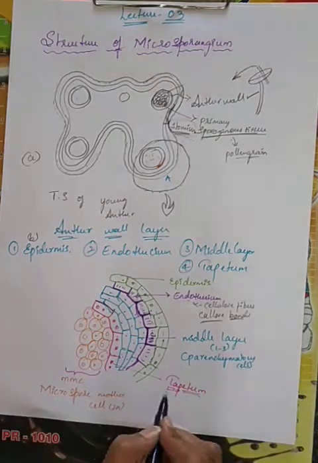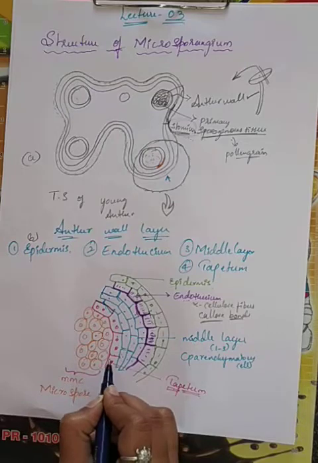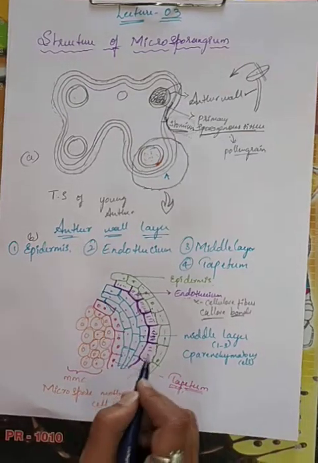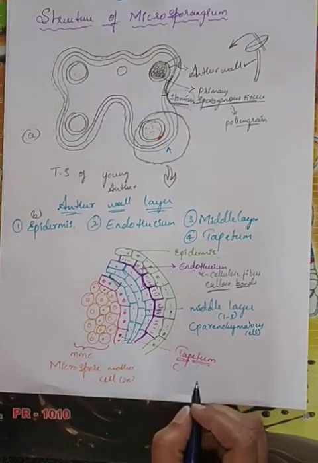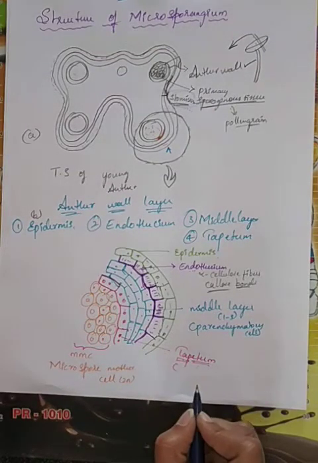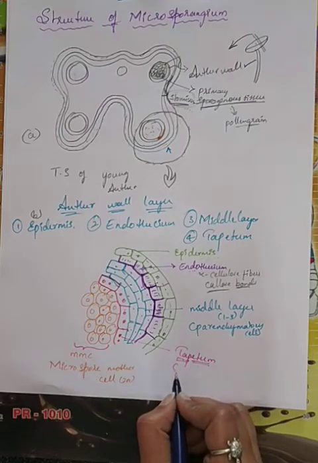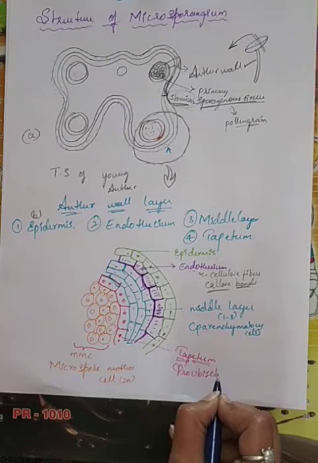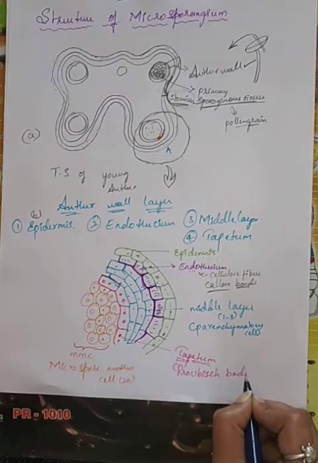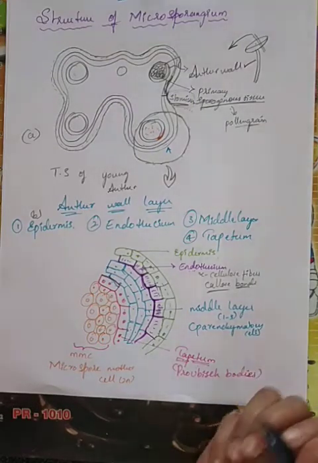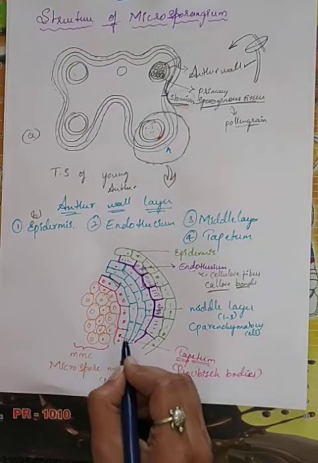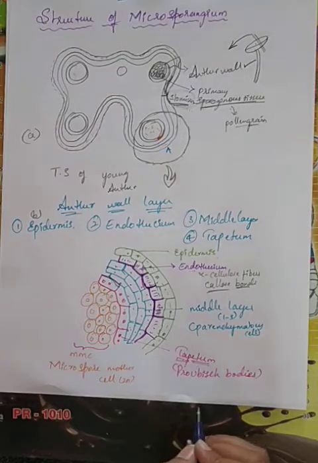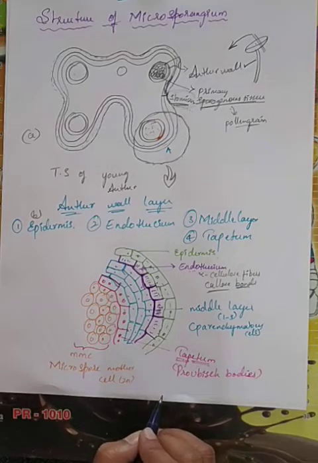Means if I say this is the tapetum, when it is going to disappear, it will be storing specialized granules which are called Ubisch or pro-Ubisch bodies. Okay, this is very important from your NEET point of view. Pro-Ubisch bodies, where? In the cytoplasm only. They are surrounded by sporopollenin.